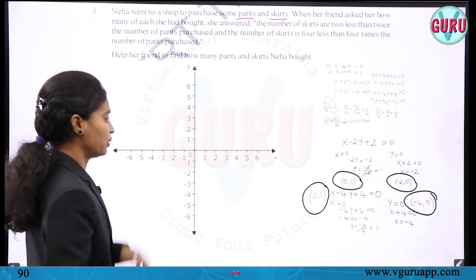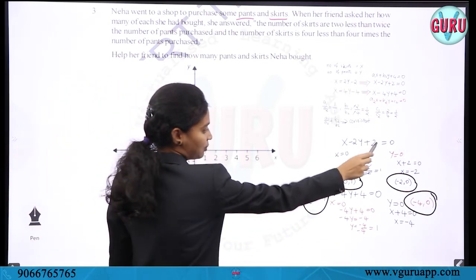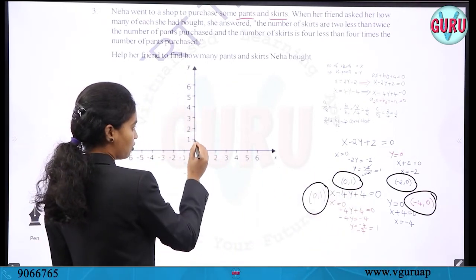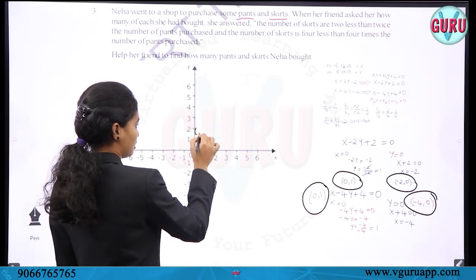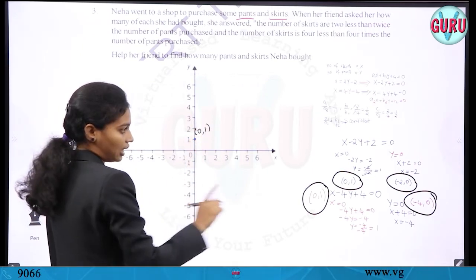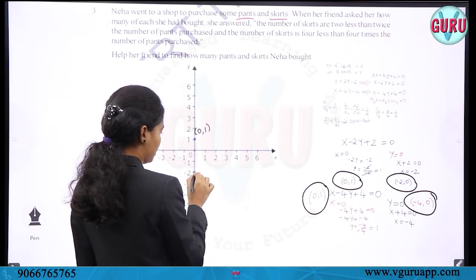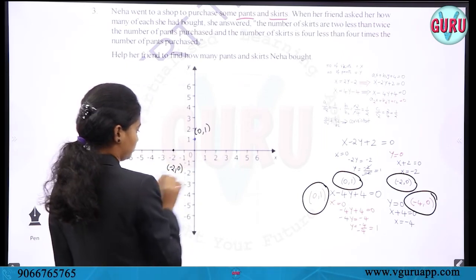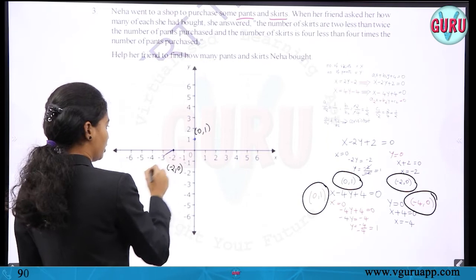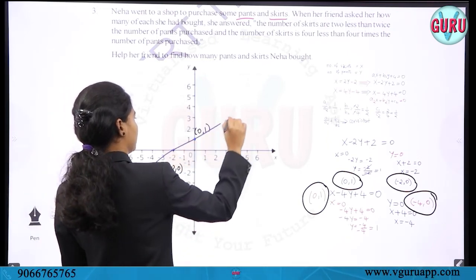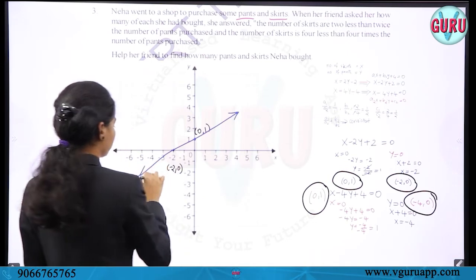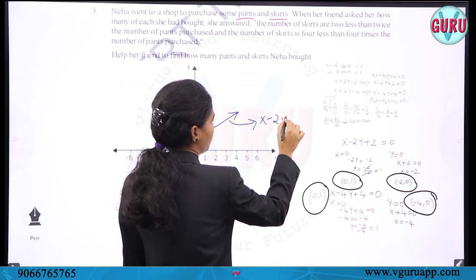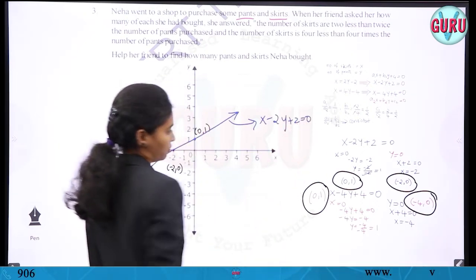Now we'll put it on graph. So for the first equation, points are 0, 1, minus 2, 0. This is 0, 1 and the other point is minus 2, 0. So if I join these 2 points, I'll get a line like this. This is the first line. This line is x minus 2y plus 2 is equals to 0.